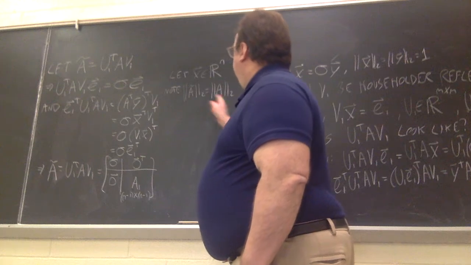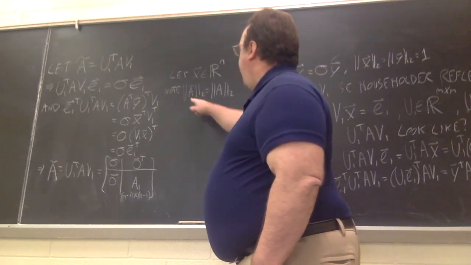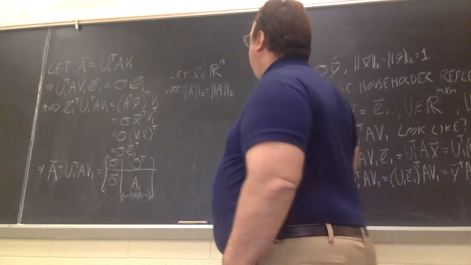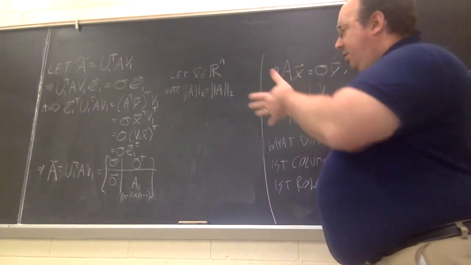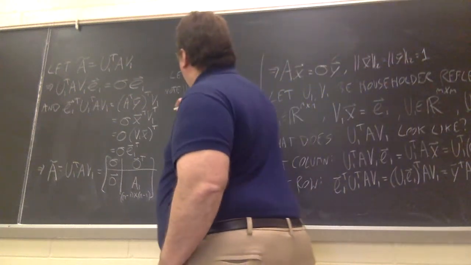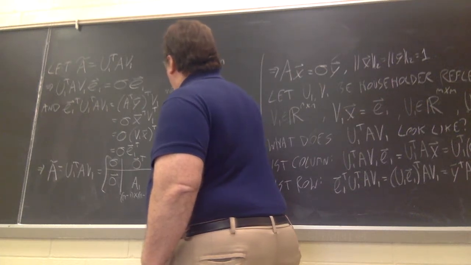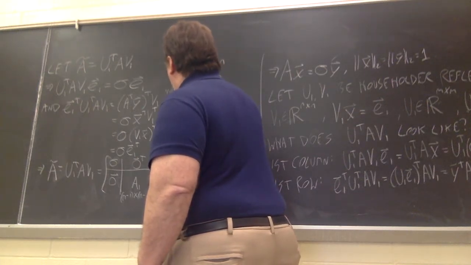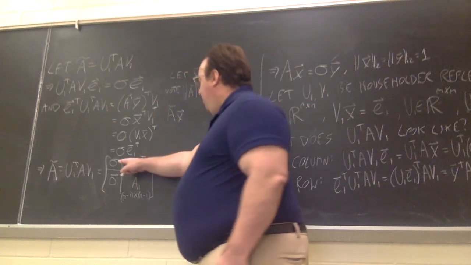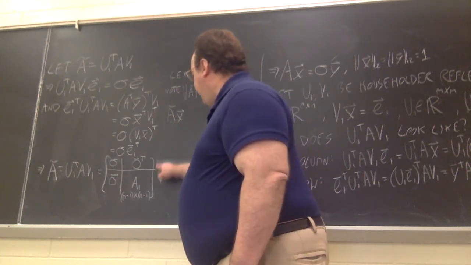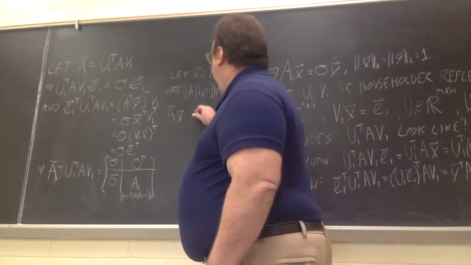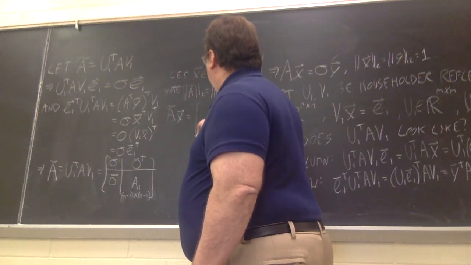I'm going to work with A tilde because it has the same norm as A, but it has a simpler structure. So A tilde x, if I multiply by any vector x, it's going to look like this.